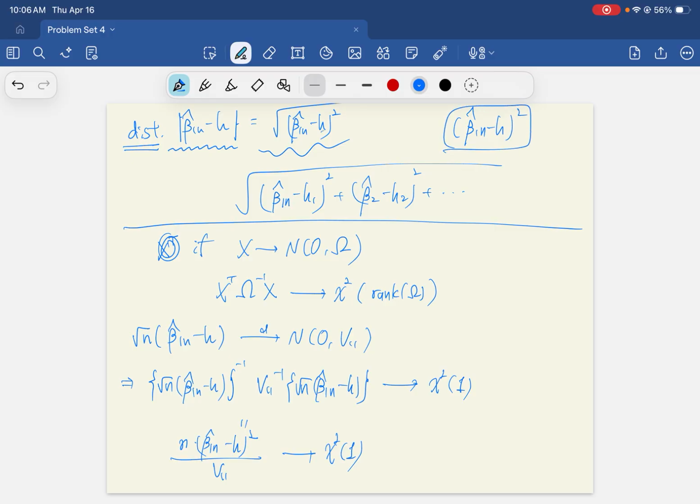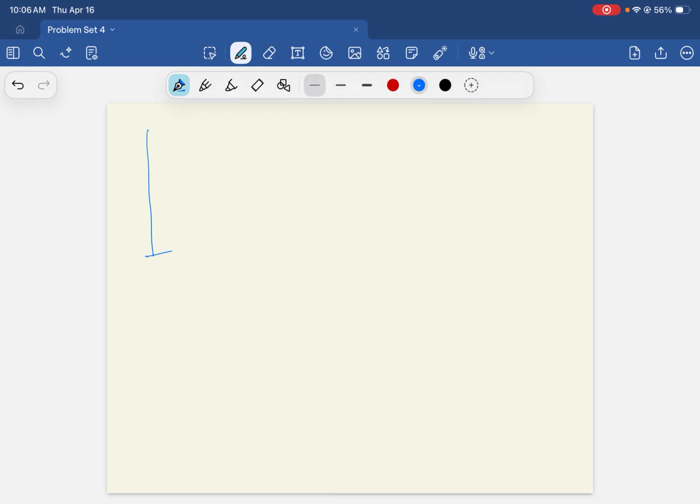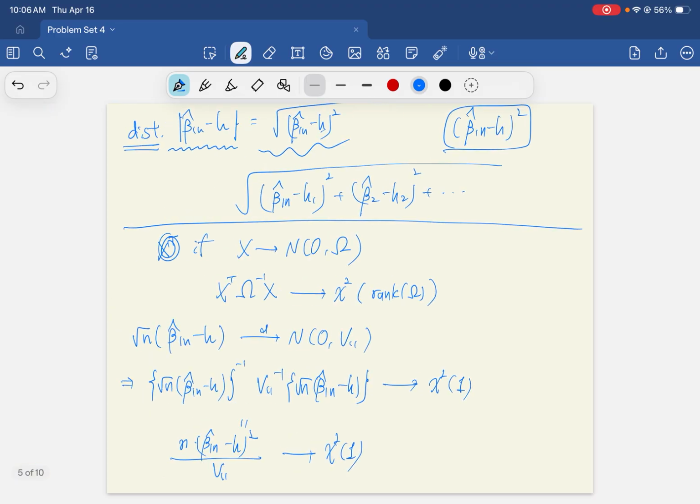Basically they are equivalent, just the details are different. Implementation is different. Chi-square is always positive. So this is going to chi-square 1 if h here is right. It's important. You have to make sure it is true only when h here is right.